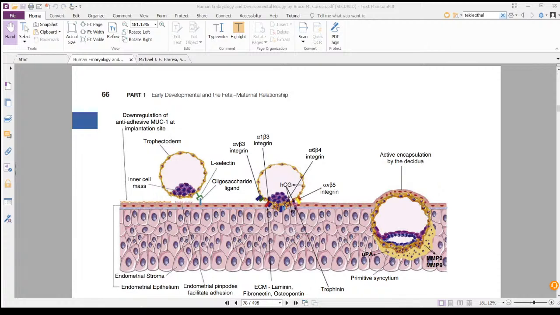So many studies have shown that the attachment of blastocyst usually occurs at the area above the inner cell mass, meaning the embryonic pole. And what does this mean? This means that the surfaces of trophoblast cells are not all the same.